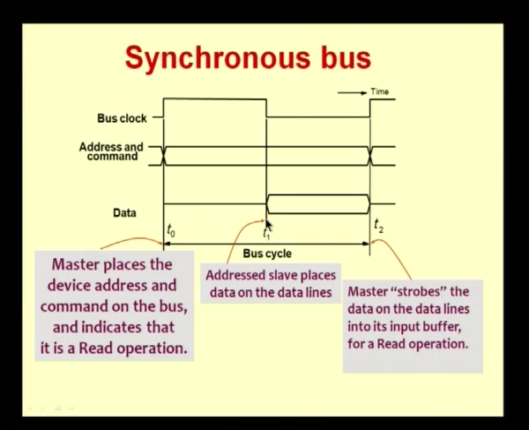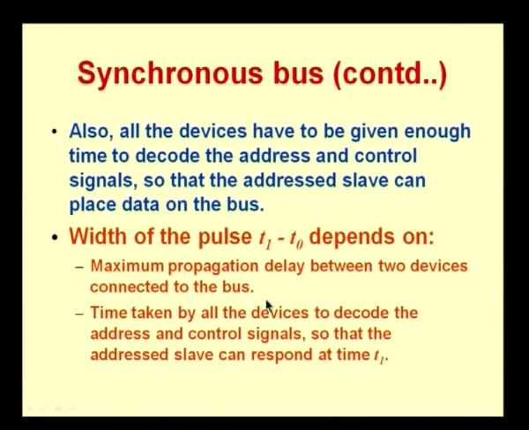How will the slave respond? It should first know that it is the one being addressed. How will it know? By looking at the address. So it has to decode the address and identify that it is the one being addressed. It takes some time for this decoding to take place. That is what we mean when we say that all the devices have to be given enough time to decode the address and the control signals, so that the addressed slave can become ready to place the data on the bus.